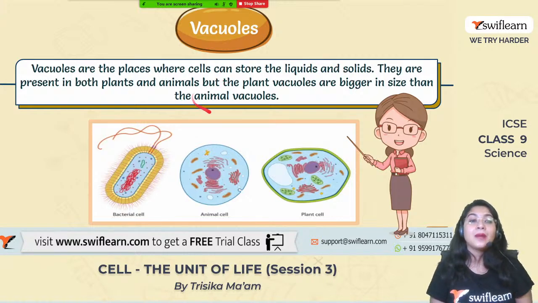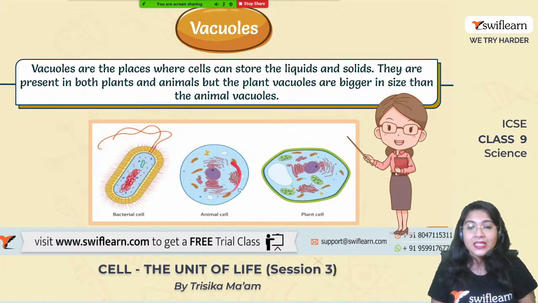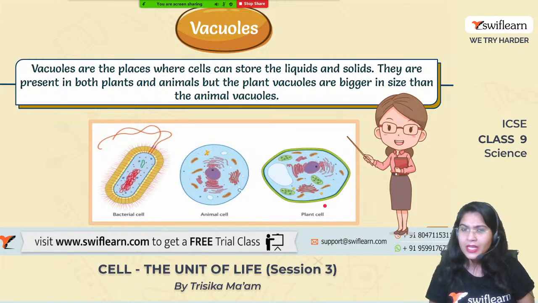Now they are present in both plant and animal cells. So over here you can see the animal cell as well as the plant cell. Can you see the vacuole? Can you spot one difference between the vacuole in the plant cell and the animal cell? Yes, this whitish portion is known as the vacuole.